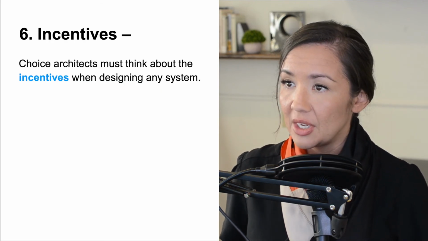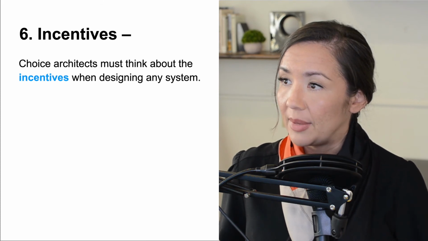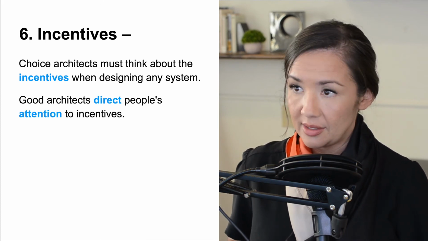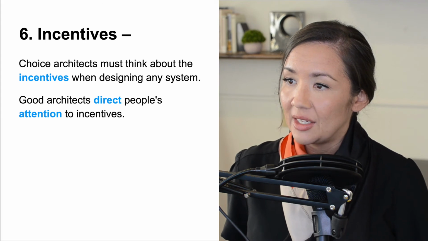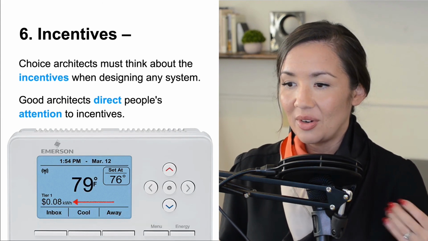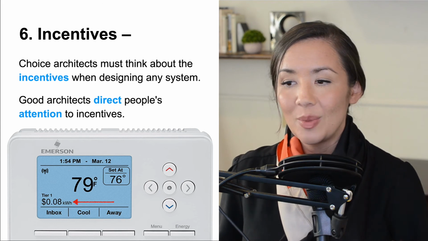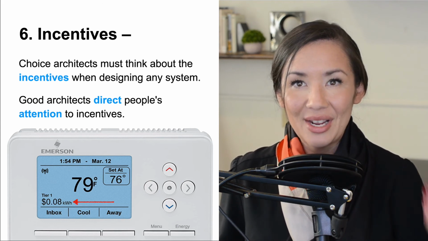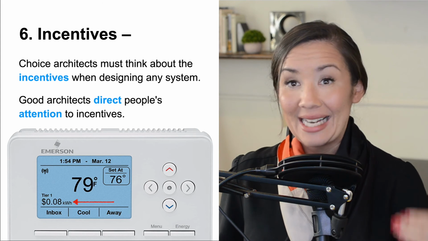Last is incentives. Choice architects must think about incentives when designing a system. Good architects direct people's attention to incentives. Now, I think a great example of this are thermostats that show you the amount of energy use happening at that time.